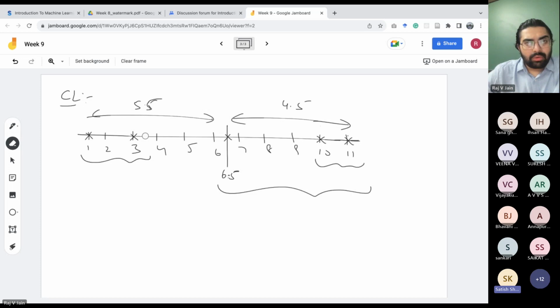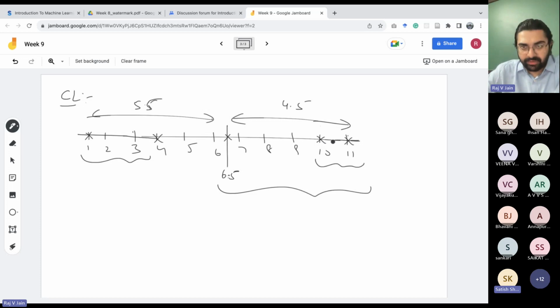If you take 1 and 4, then 6.5 is very close to 4. If you take 1 and 4 also, it'll be the same result. Now, 6.5 is very close to 4, but far from 10 and 11. Far from 10 and 11, correct. But wait, one second. Will they get clustered though? If you use this one, 4 and 6.5 will be grouped first. Yes, that will be grouped first.